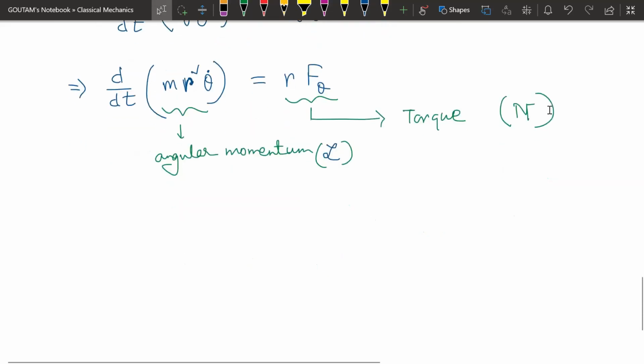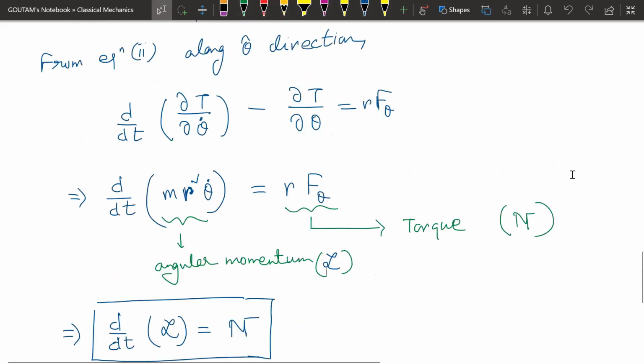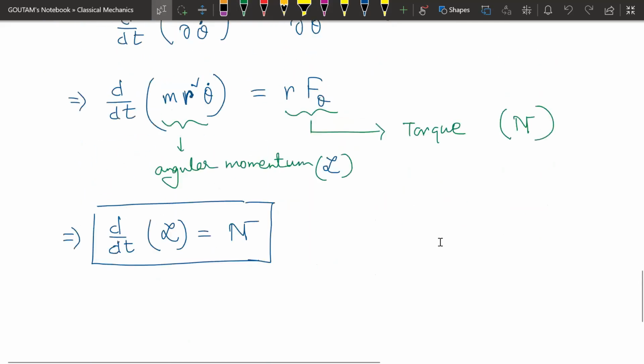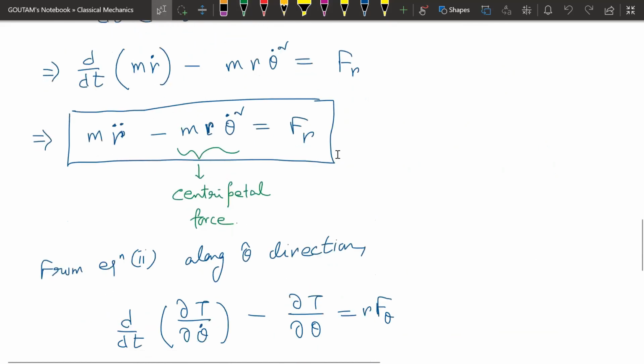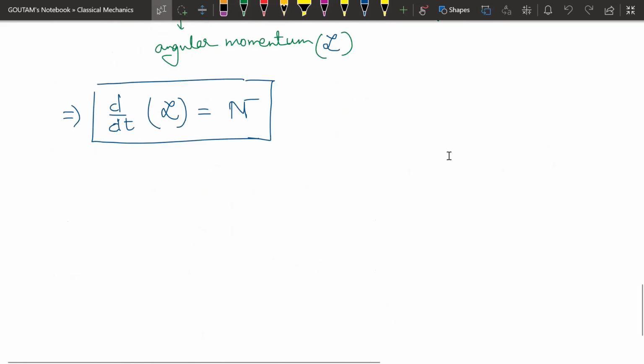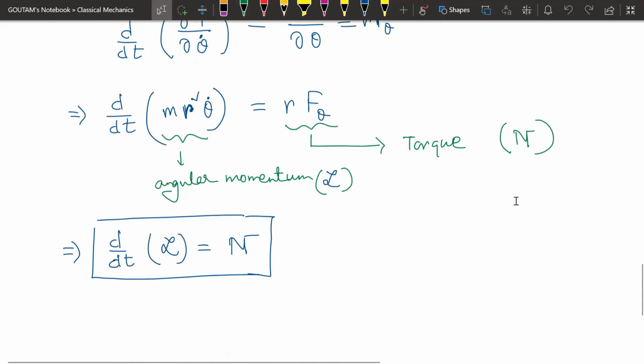Then the equation becomes d/dt of the angular momentum is the torque. So by changing the coordinate system, we are getting this centripetal force and this torque equation. But in the Cartesian coordinates, everything was just force, so everything follows Newton's second law perfectly.